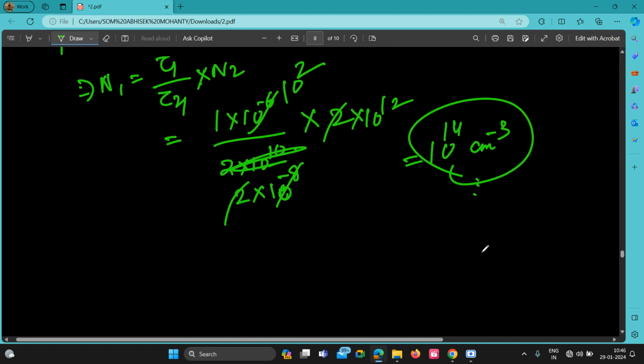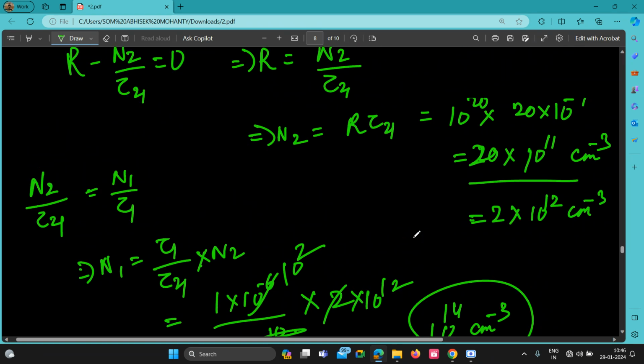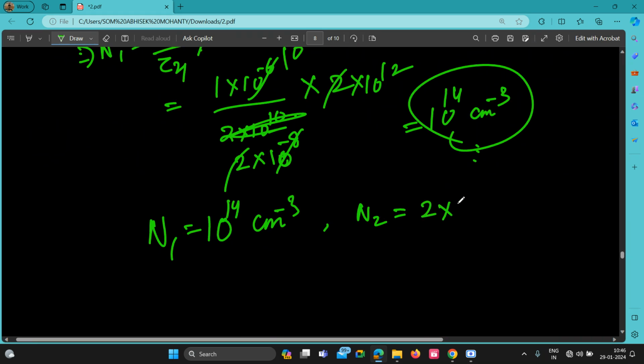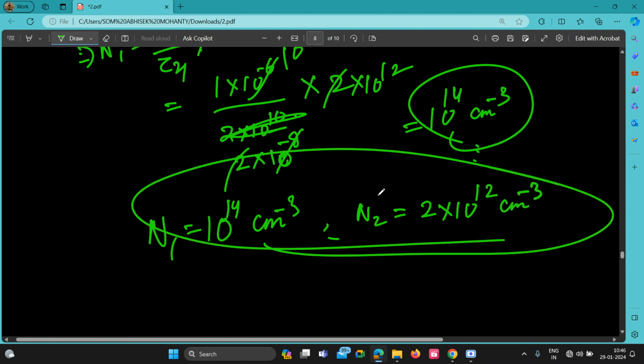So n1 is 10 to the power 14 and n2 is 2 into 10 to the power 12 centimeter minus 3. Yeah, that is the answer.